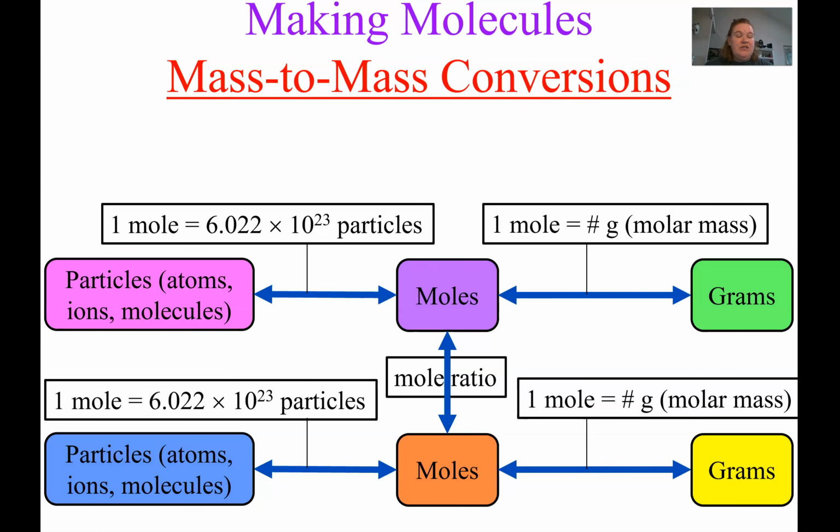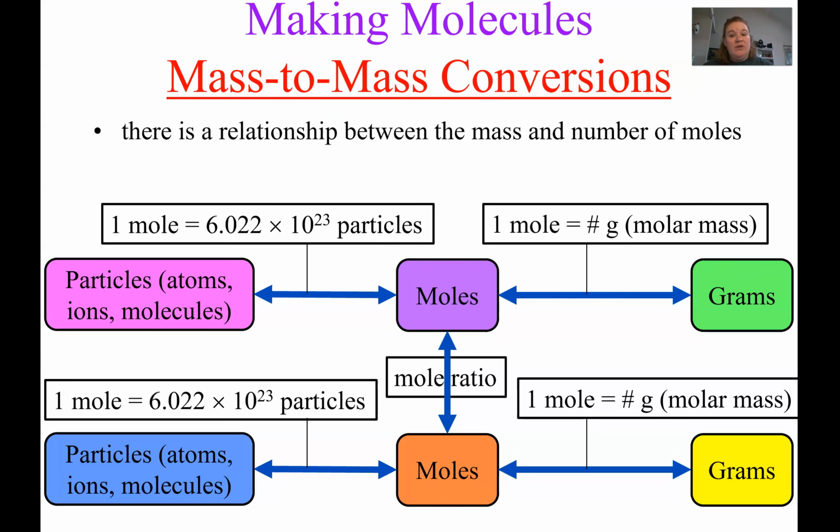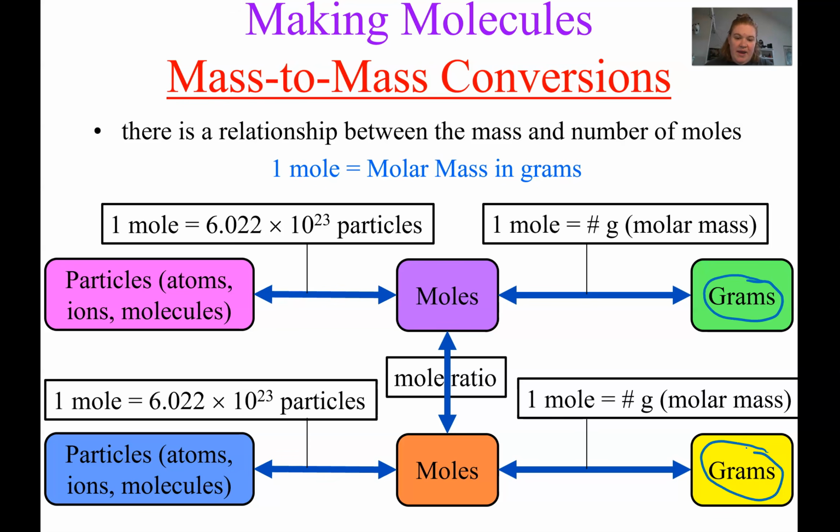Now, most of the time, we're not calculating or counting our quantities by moles. We're counting them by grams. So if we are starting with a certain number of grams of aluminum, and we want to know how many grams of aluminum oxide we can make, we still need to use that mole to mole ratio to convert from moles of aluminum to moles of aluminum oxide, but we got to get in and out of the moles.